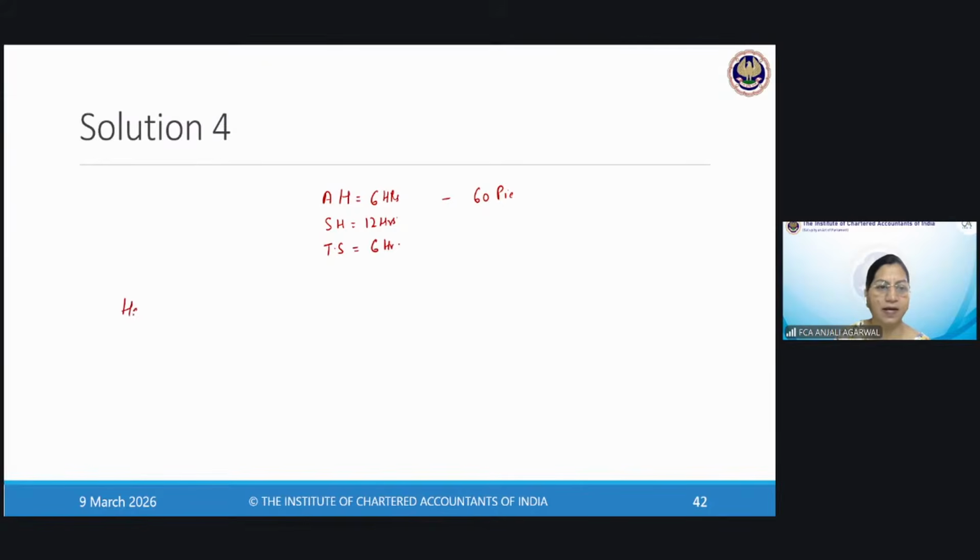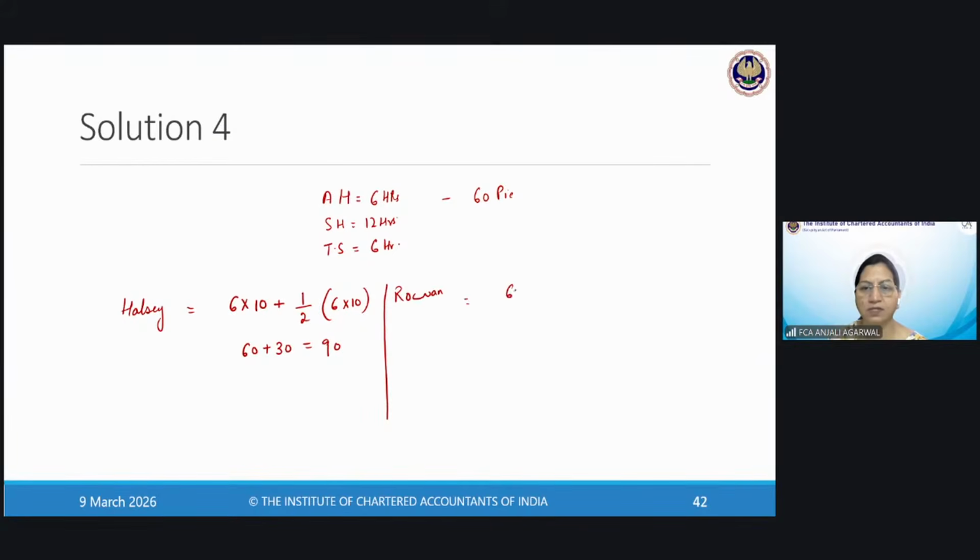So under the Halsey plan, he would have got 6 hours into 10 rupee per hour, plus half of the 6 hours saved into 10 rupee per hour. So 60 plus 30, 90. Under Halsey, 90, bonus is 30.